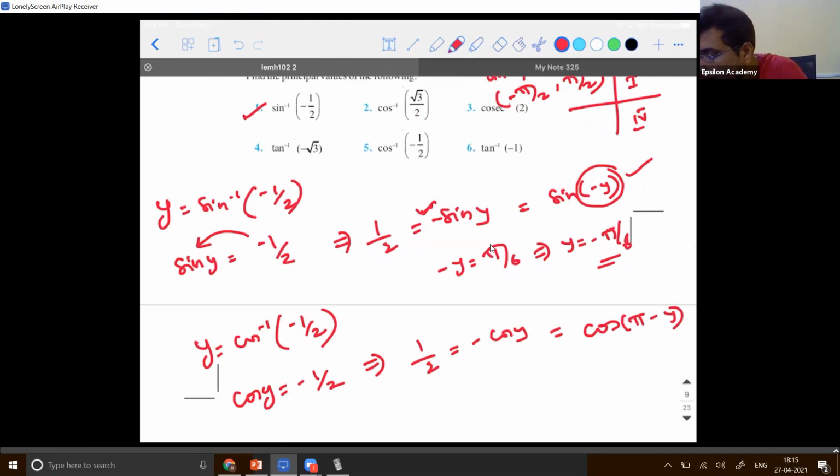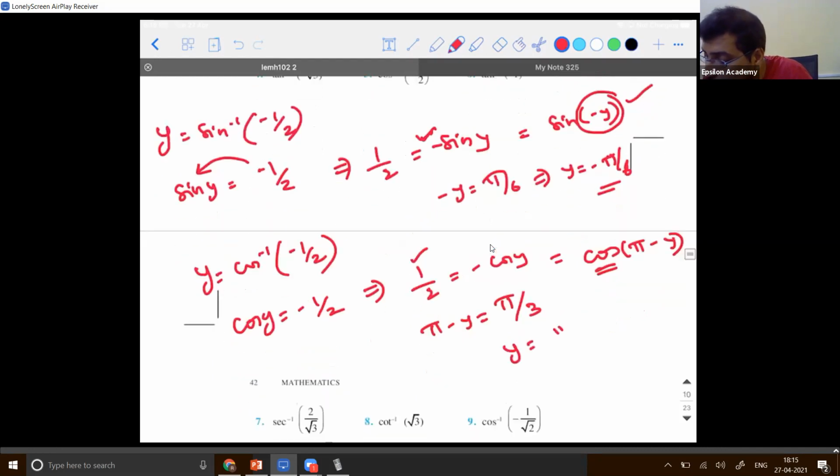So which value of cos will generate half? It is pi by 3. So y will be equal to pi minus pi by 3, which is 2 pi by 3. Yes, 2 pi by 3 is 120 degrees. 120 degrees is between 0 and 180 degrees, that is 0 to pi. Are you guys able to understand the logic?